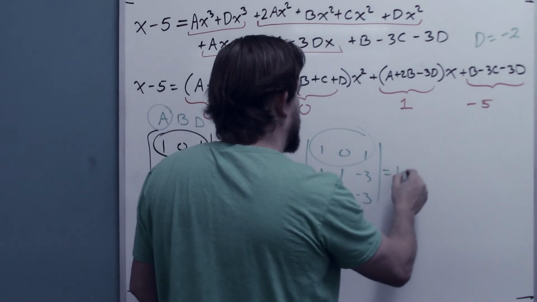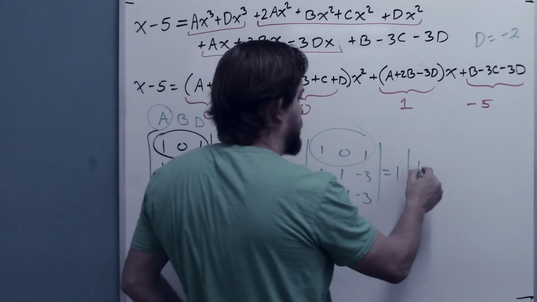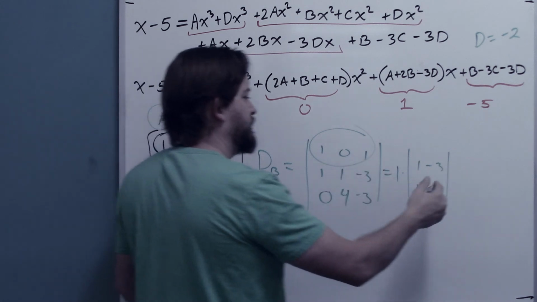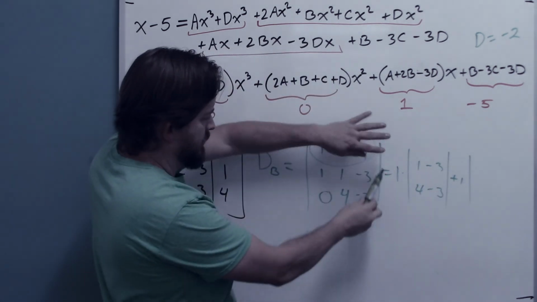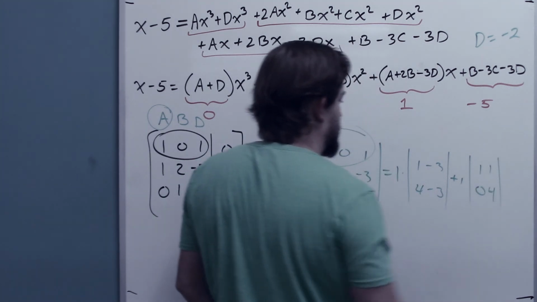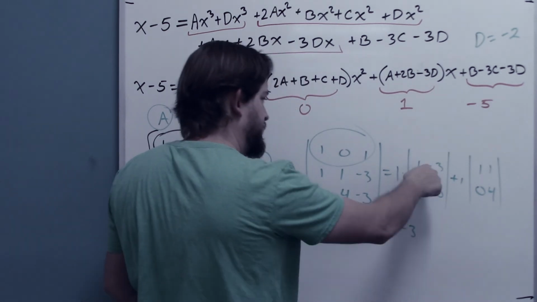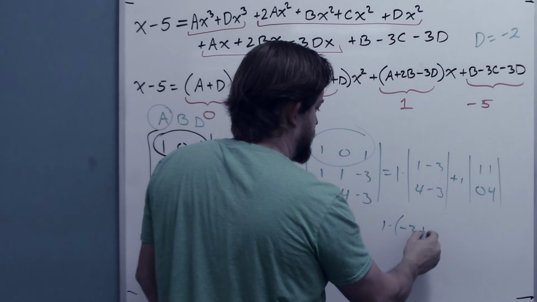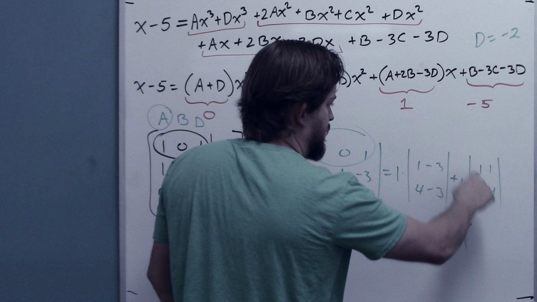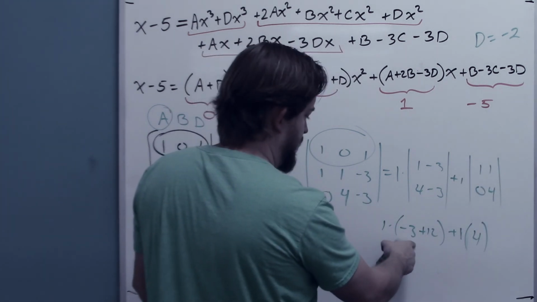So I end up with 1 multiplied by 1, -3, 4, -3. Minus 0 times who cares, but then plus 1 multiplied by 1, 1, 0, 4. Right? So this ends up being 1 multiplied by -3 minus, but there's another minus, so it's plus 12, plus 1 multiplied by 4 minus 0. So I get 12 and -3, 9.